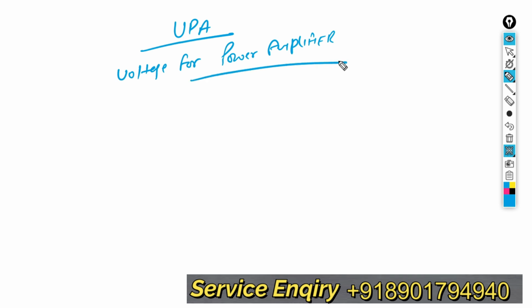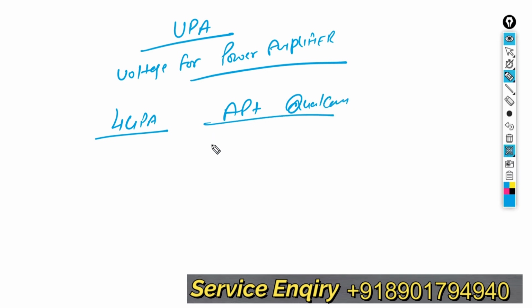Right? Now, this voltage goes to the 4G PA, right? Now you will see there is a voltage called APT in Qualcomm.